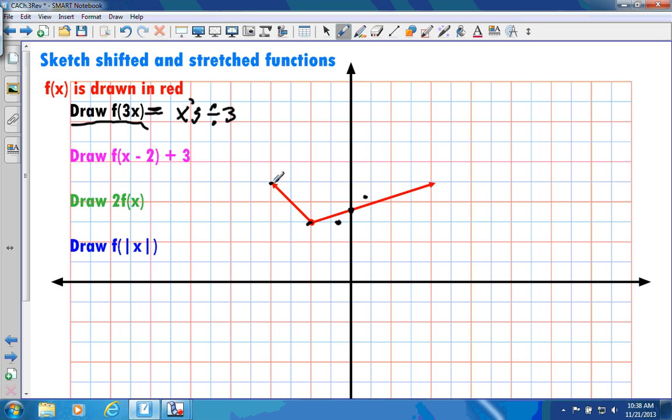This coordinate here, which is a negative 4, is going to be a negative 4/3, which is right there. So it's going to look like this. Problems? Because it's going to compress it together.